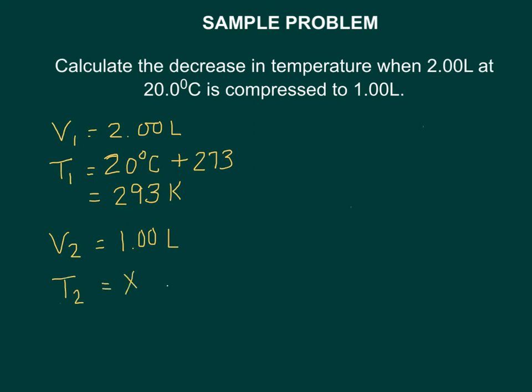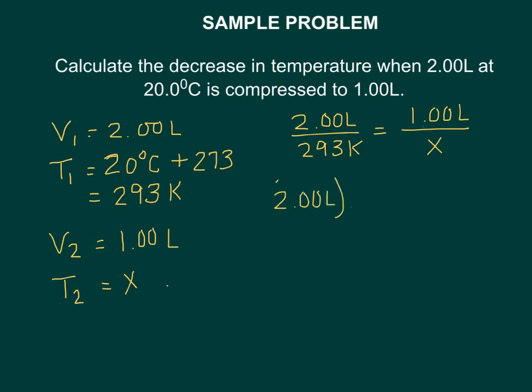Next, we plug our values into our equation for Charles' law. V1 divided by T1 equals V2 divided by T2. 2 liters divided by 293 Kelvin equals 1 liter divided by X. Next, we are going to cross multiply. So we end up with 2 liters times X equals 1 liter times 293.